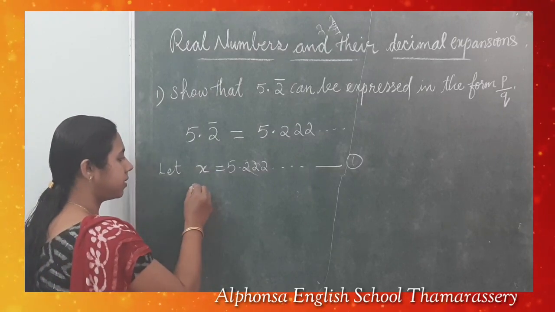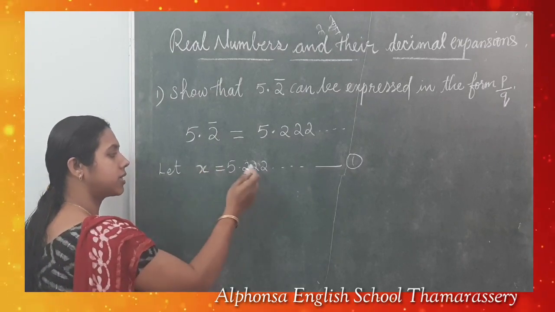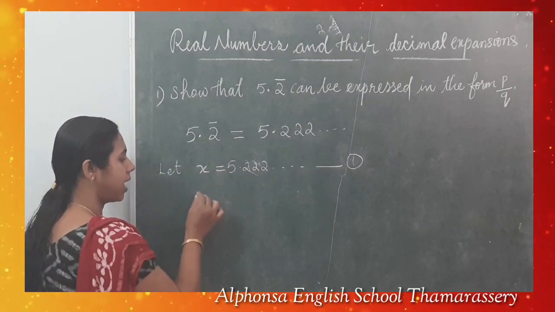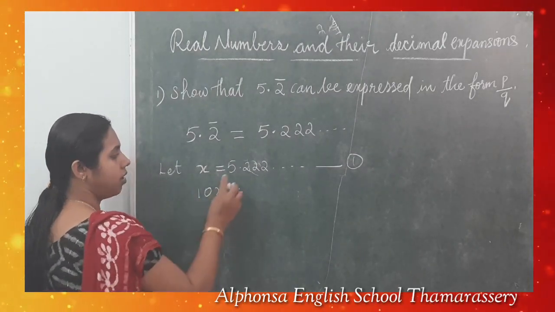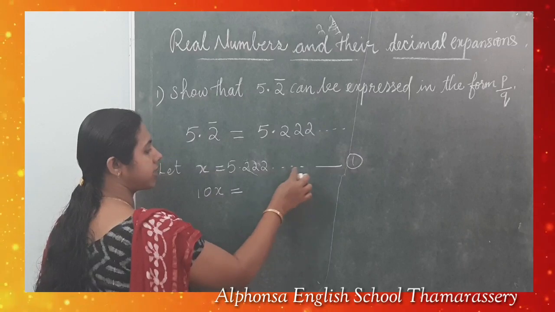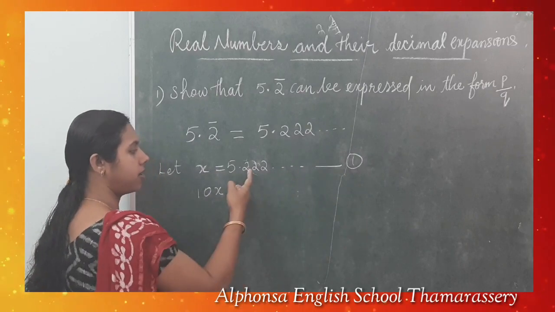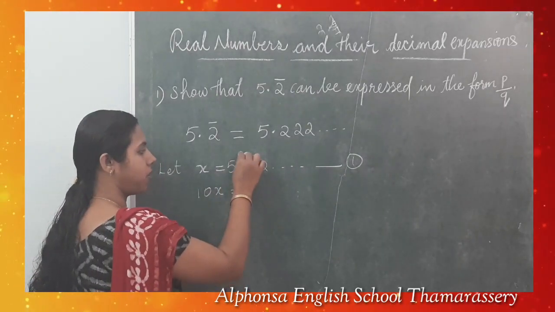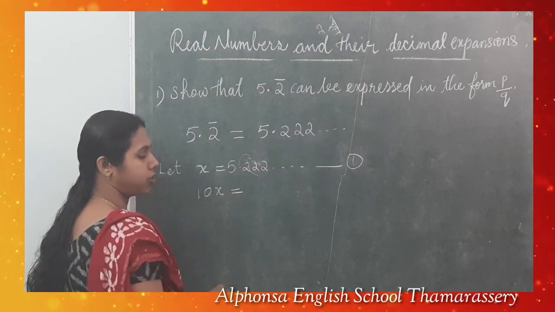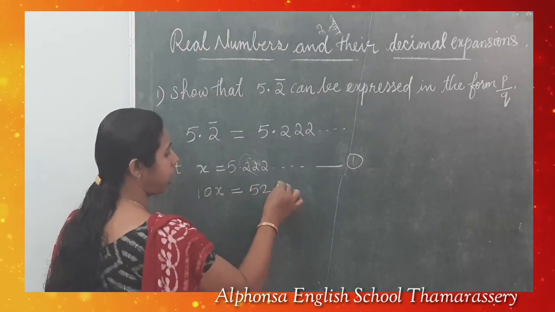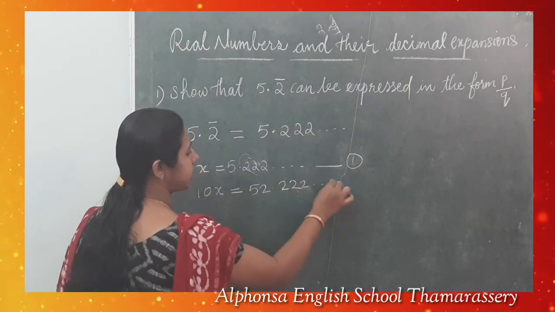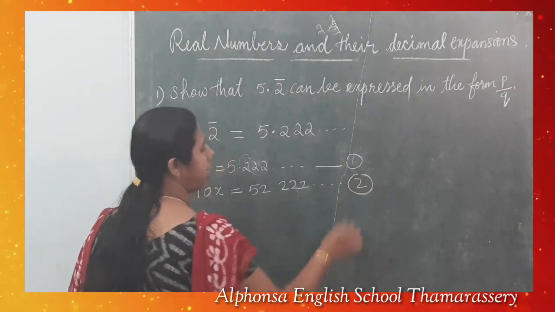Multiply both sides by 10. So 10x is equal to 5.222 etc. into 10. The decimal point will move one place to the right, so it will be 52.222 etc. Give it as equation 2.